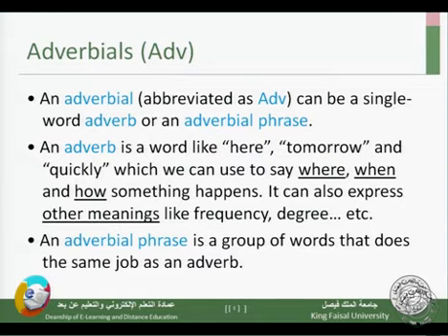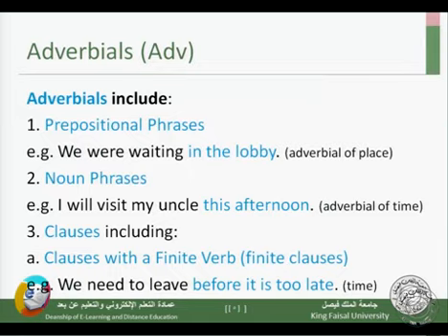Adverbial phrases are groups of words that do the same job. They give us an idea about when, where, and how, and other meanings, as we will see. So an adverbial can be a one word adverb or an adverbial phrase. An adverbial phrase does the same job as the adverb.